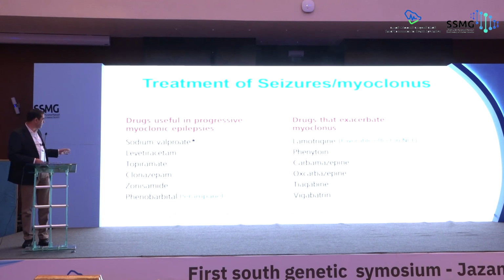Levetiracetam may be a good choice. More and more, if the patient has myoclonus, we are using the last one, in blue. Piracetam is shown to have a very good effect on myoclonic seizures in patients with NCL.